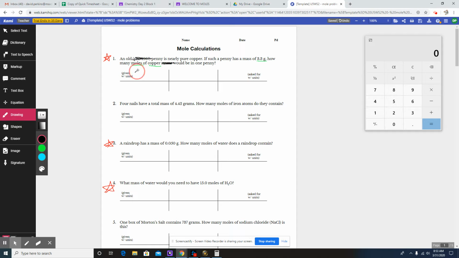So let's do that. We'll start by writing 3.3 grams of Cu over 1. On the end, we're going for moles. All right. Excuse my mouse writing. It's kind of difficult. So we need to have a conversion factor.